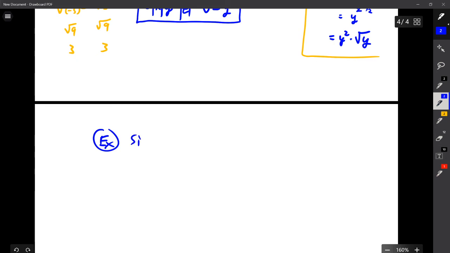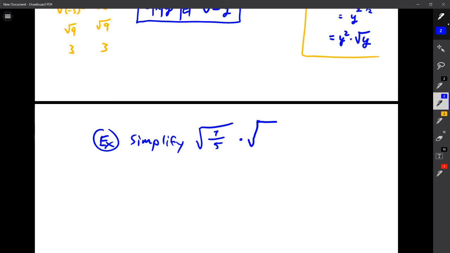Example, simplify the square root of 7/5 times the square root of, how about 5/6?